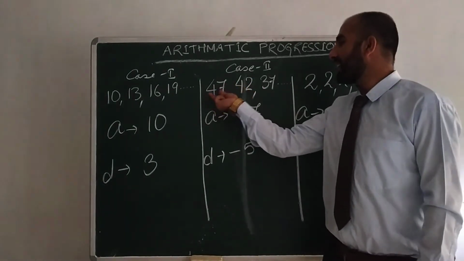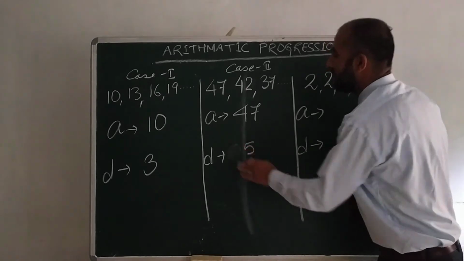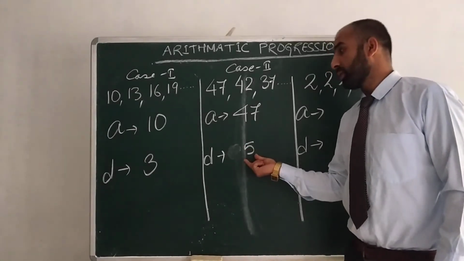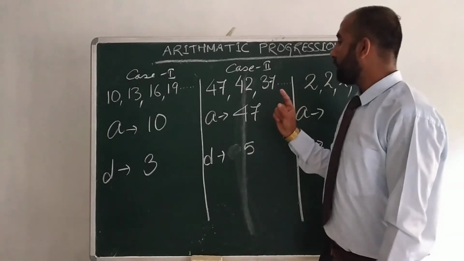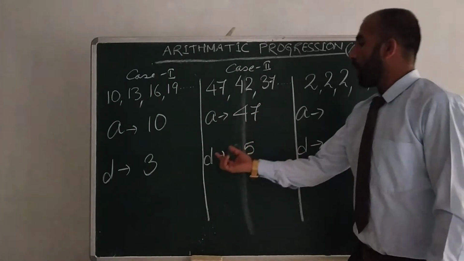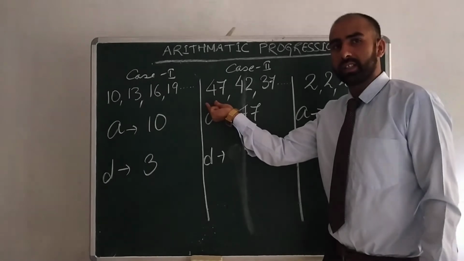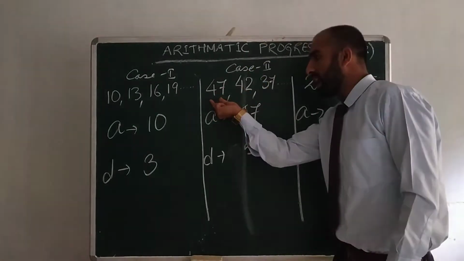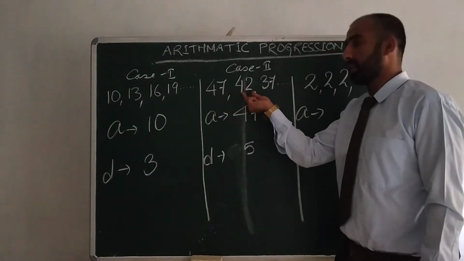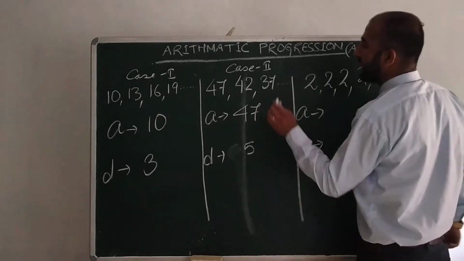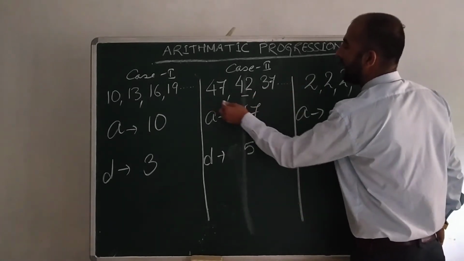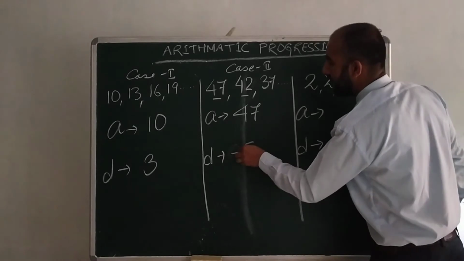They just subtract and write their common difference as only 5. So that is absolutely wrong. Why? Because as I told you, common difference means the second term minus the first term. That means you subtract the preceding one from the succeeding one. So here the correct common difference is 42 minus 47. That is minus 5.